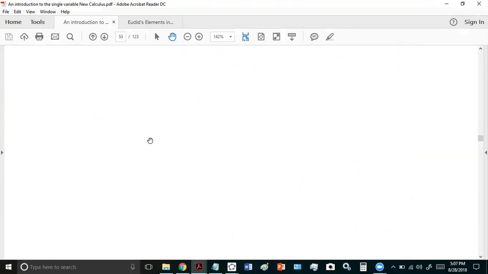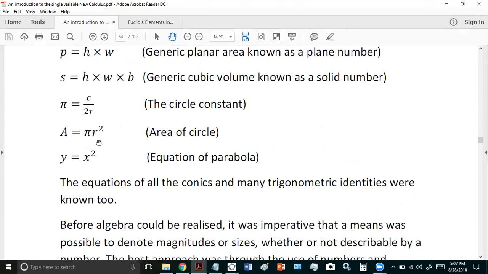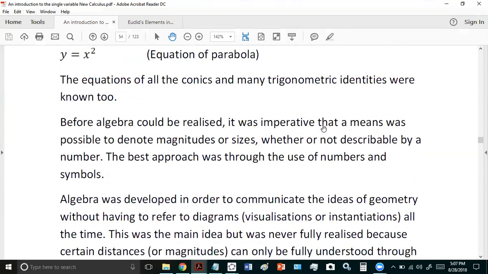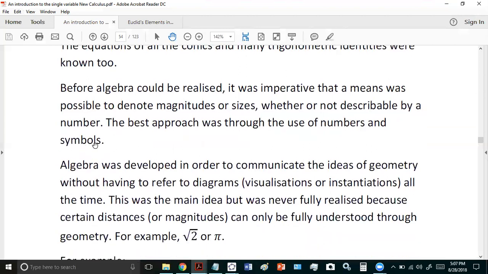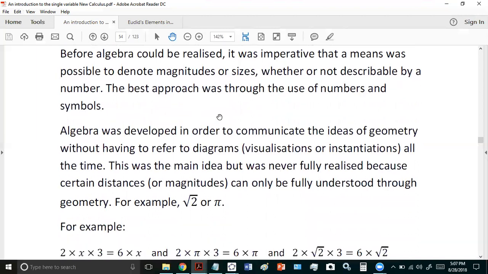I'm not going to go over it again, but you can read it, and it shows you there how to derive the concept of number. So the best approach to use algebra was through the manipulation of numbers and symbols. And symbols were required because there are magnitudes that could not be measured. For example, pi, square root 2, e, etc., right?